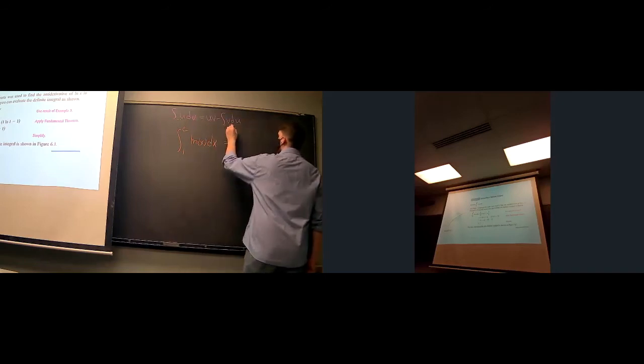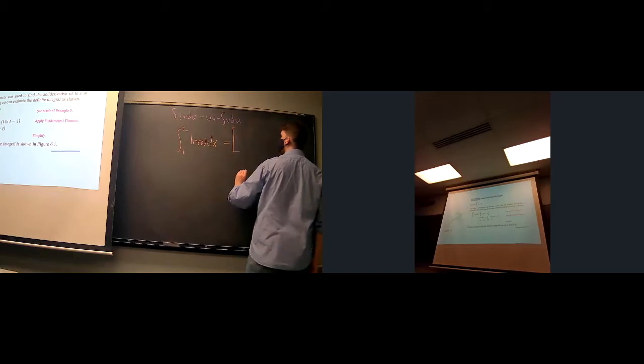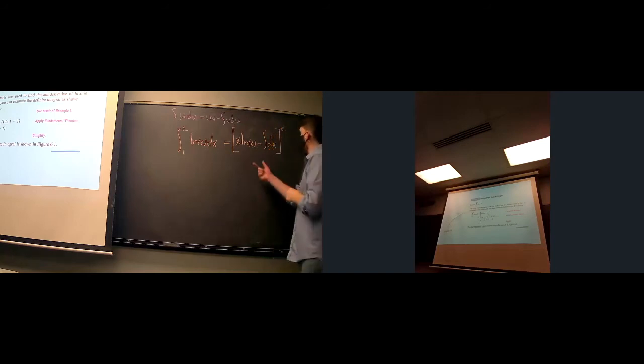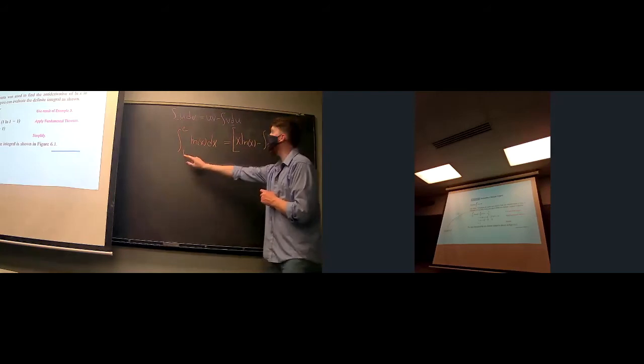This thing is going to come out to be x ln of x minus the integral of dx. But after we do the integration, we're going to apply the functional value, a result of this calculation at e. Then we're going to subtract from it the result of that calculation at 1.